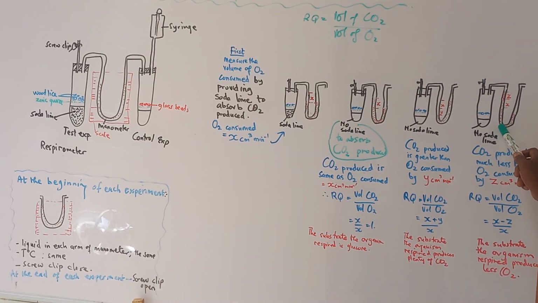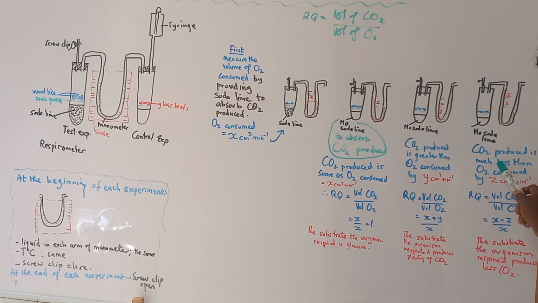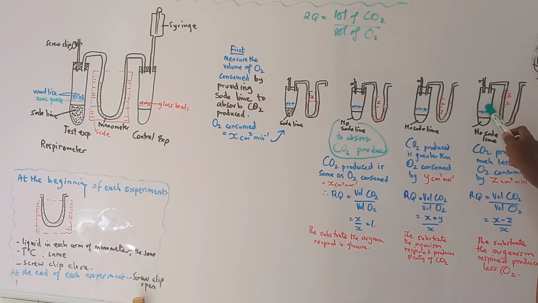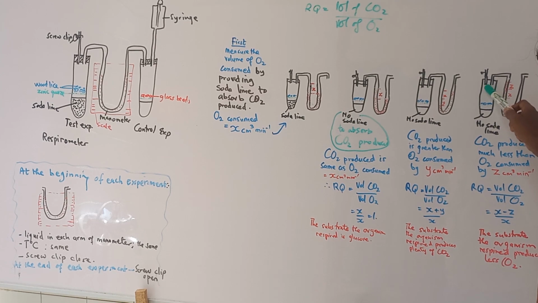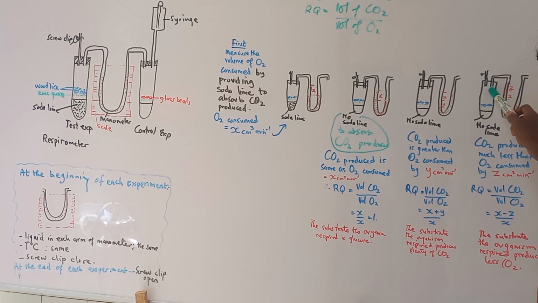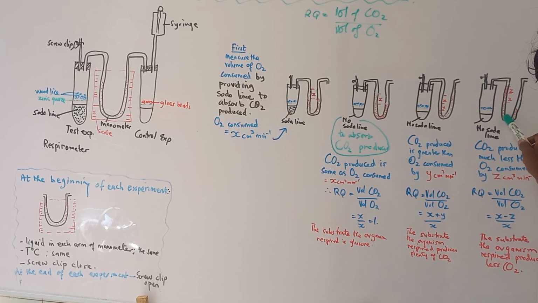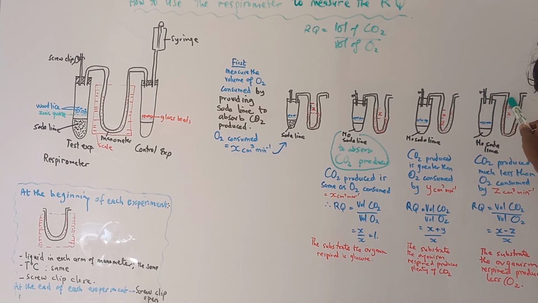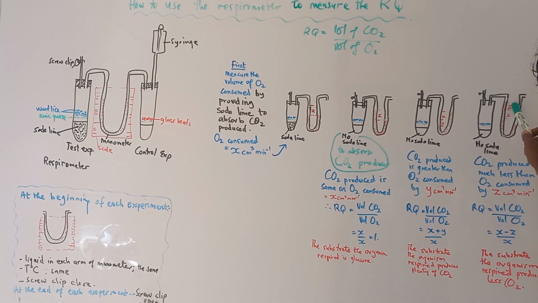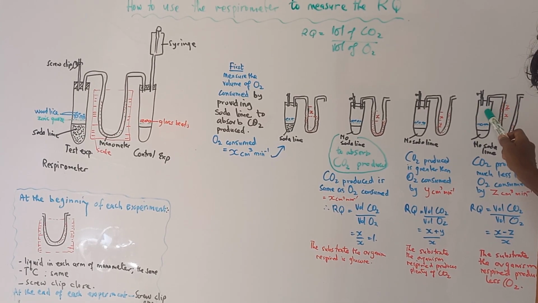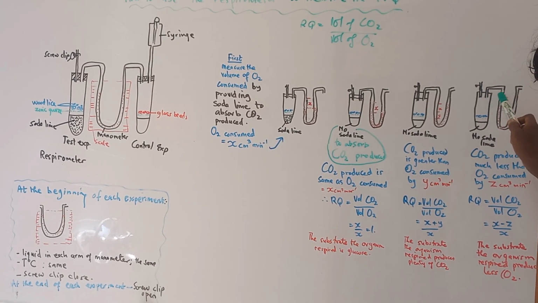Then if you have another situation where the substrate that is being respired produces less carbon dioxide than X, it means the pressure here is low, so the pressure here will push it down, and so the less carbon dioxide that is produced raises the level here by Z. The less carbon dioxide that is produced shows up as Z here, low carbon dioxide.